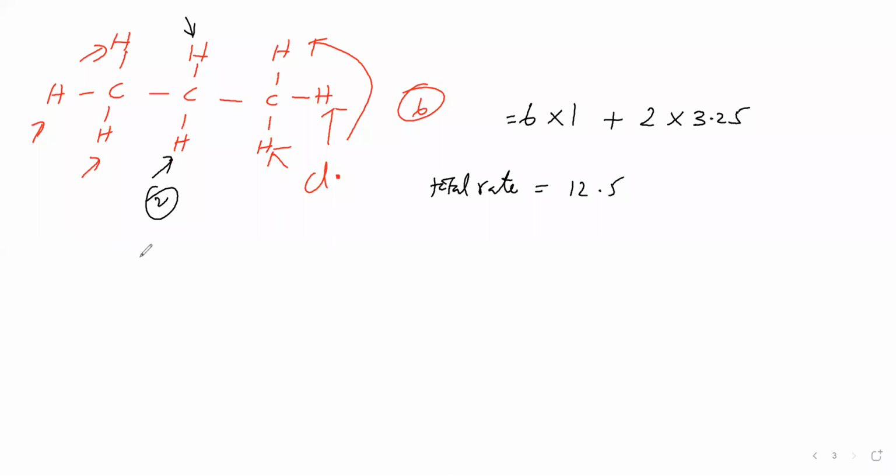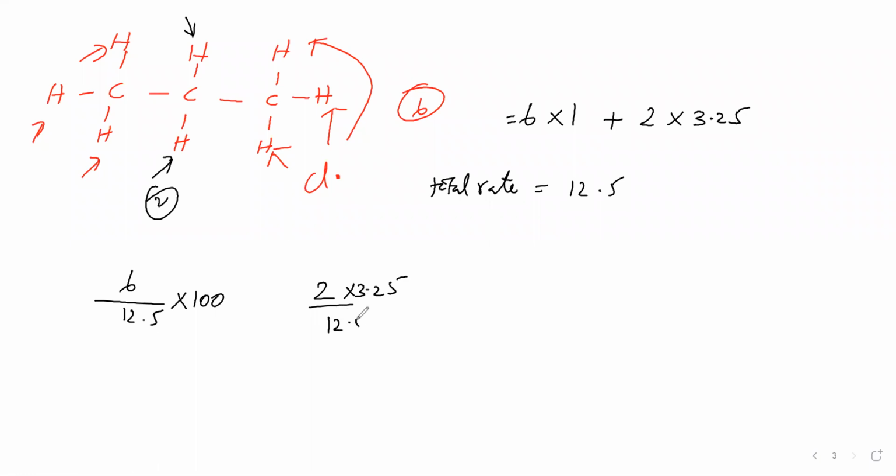Now we will see the percentage yield. Primary hydrogen 6 times is there, total rate is 12.5. Percentage yield is percentage we want, therefore multiplied by 100. It is for primary. For secondary, 2 secondary hydrogens are there, with rate 3.25 for each hydrogen.